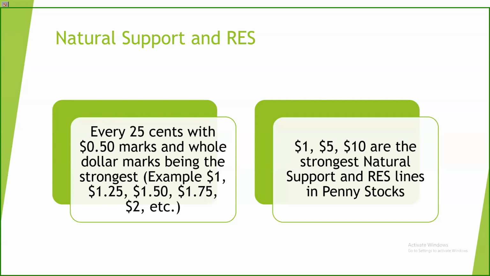Now, the strongest natural resistance lines in penny stocks are $1, $5, and $10. These are all strong natural support and resistance lines. People say $1 is the strongest, $10 is the second strongest, $5 is the third strongest. Why would that happen? Why would these marks be very strong? It all comes back down to mindset.